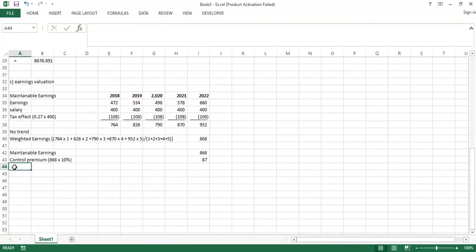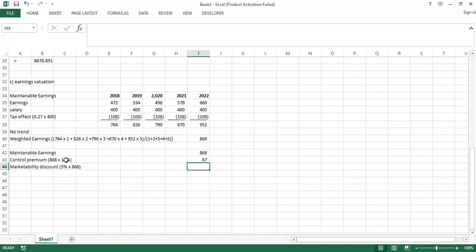And then another problem that could arise, one of the common things that you should include here would be the marketability of these shares. So let's call it marketability discount. We are estimating the value of this company, and we are saying what sort of things could increase the value of this company and what sort of things could decrease it. The thing that could increase the value is the control premium, the fact that the acquirer wants to acquire control.